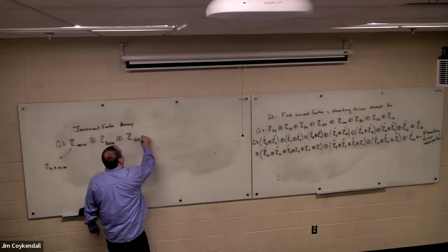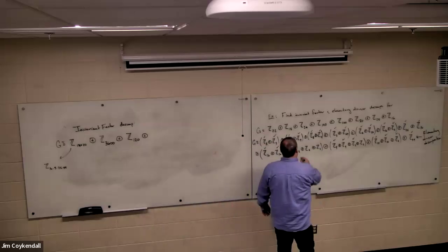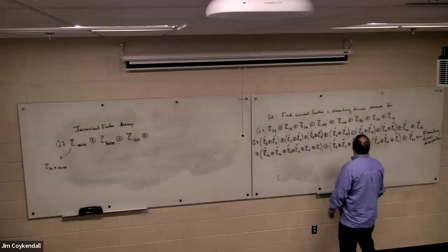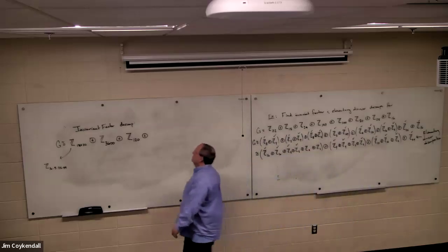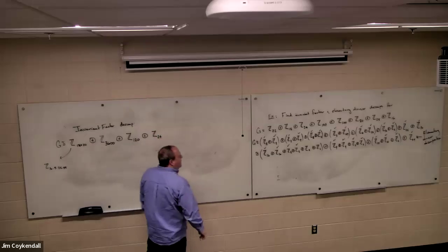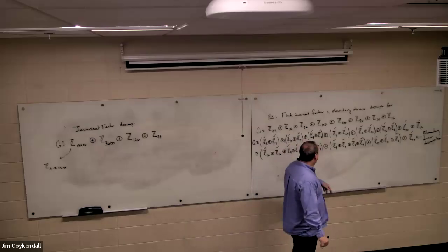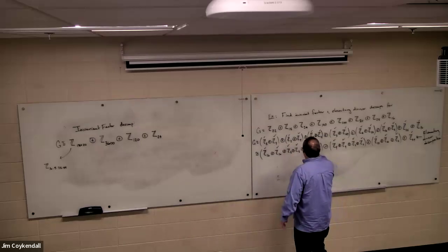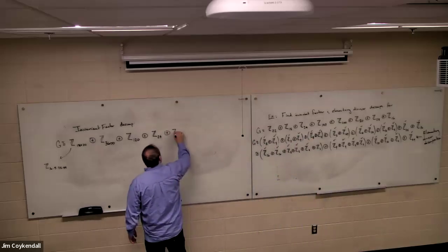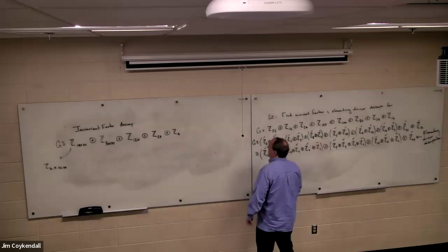Next piece. 8 times 3, 24. And now notice everything else comes out of the Sylow 2-subgroup because I've used up all the other primes. So the next piece is Z4. And the last piece is Z2.